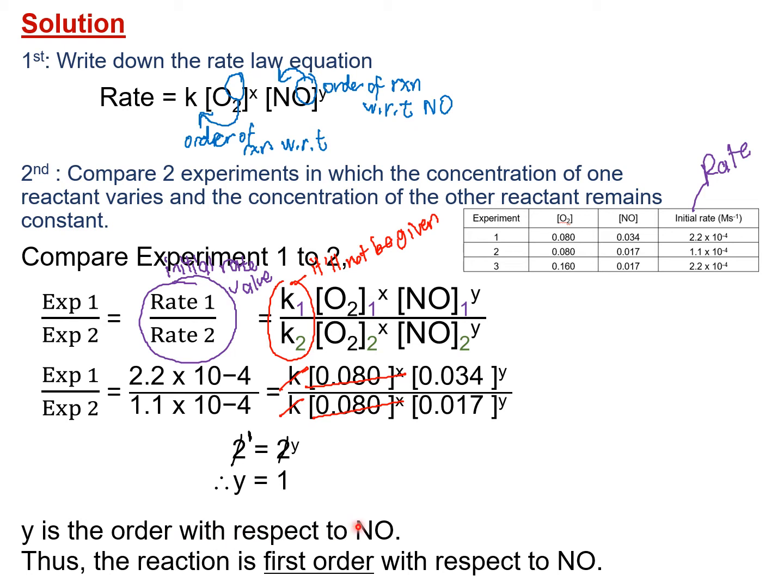Y is the order of reaction with respect to reactant nitrogen oxide. Therefore, the reaction is first order with respect to NO. So, ni penting tau untuk kamu tulis ni. These two things, okay? Kamu jangan dah dapat jawapan Y equals to 1 and then you tinggalkan je kat situ. Tak boleh. You kena tulis dua benda ni, okay?